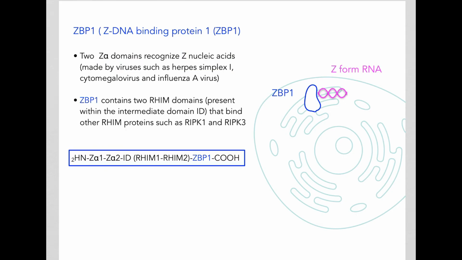So besides the Z domains that bind the Z form of RNA, this ZBP1, this receptor, also has two RHIM domains, RHIM1 and RHIM2. And these RHIM domains, as we mentioned earlier, can bind proteins that also have RHIM domains such as RIPK1 and RIPK3.